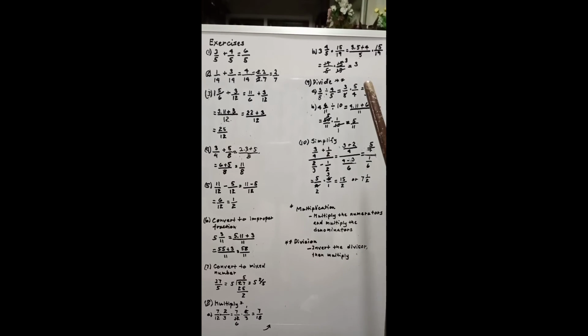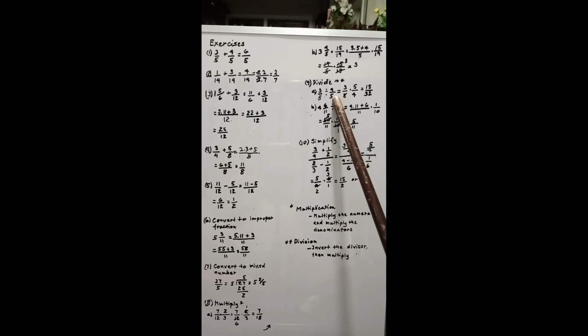Now let's go to the division. We have 2 asterisks here. So let's go to the bottom. It says that in division, invert the divisor, then multiply. So we will apply this one in number 9. Our example for letter A is 3 over 8 divided by 4 over 5.